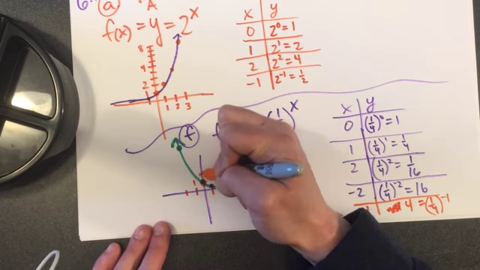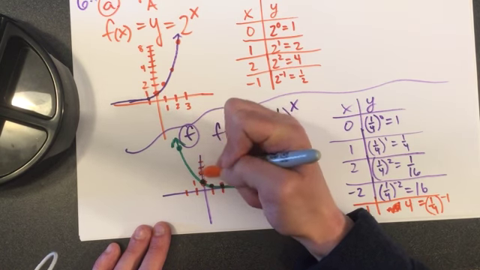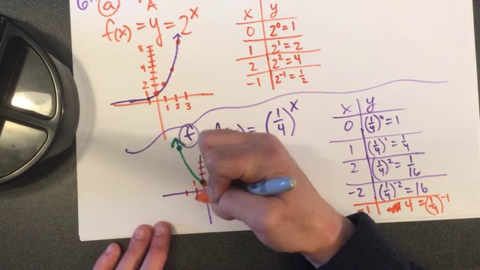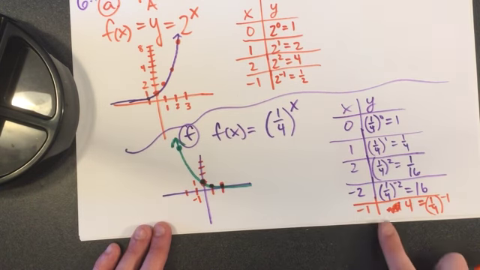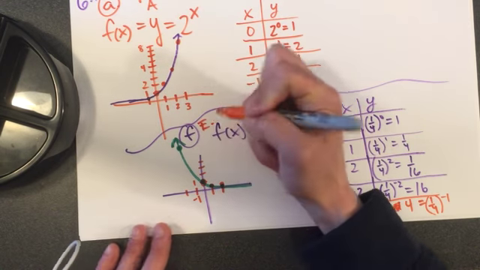That's a 1, 2, 3, 4. So we should be, it's not perfect, my graph, but at -1, we should be at a value of 4, and that's how you can check it out. Which graph is that? That looks like that's graph E. So that'd be my answer there.